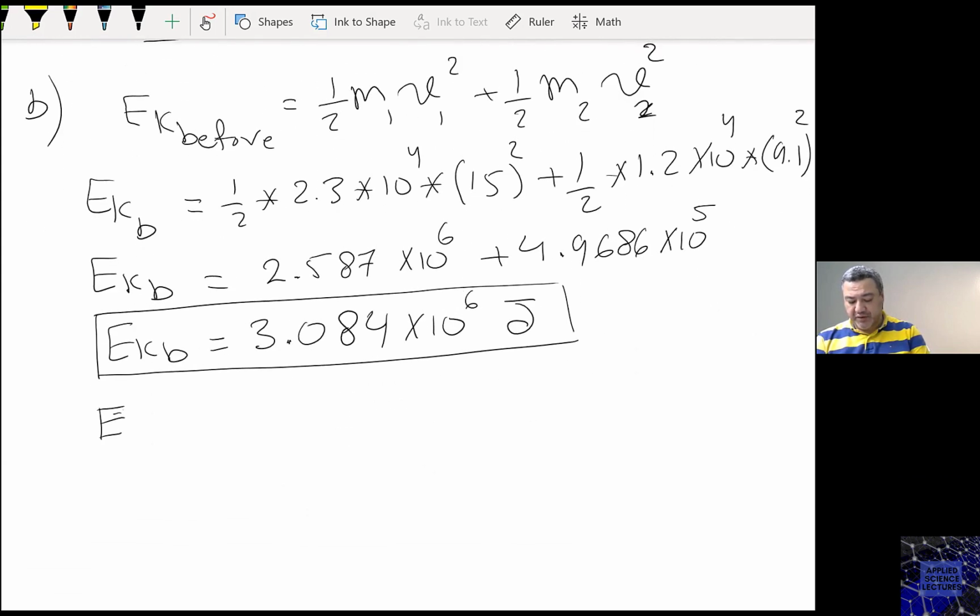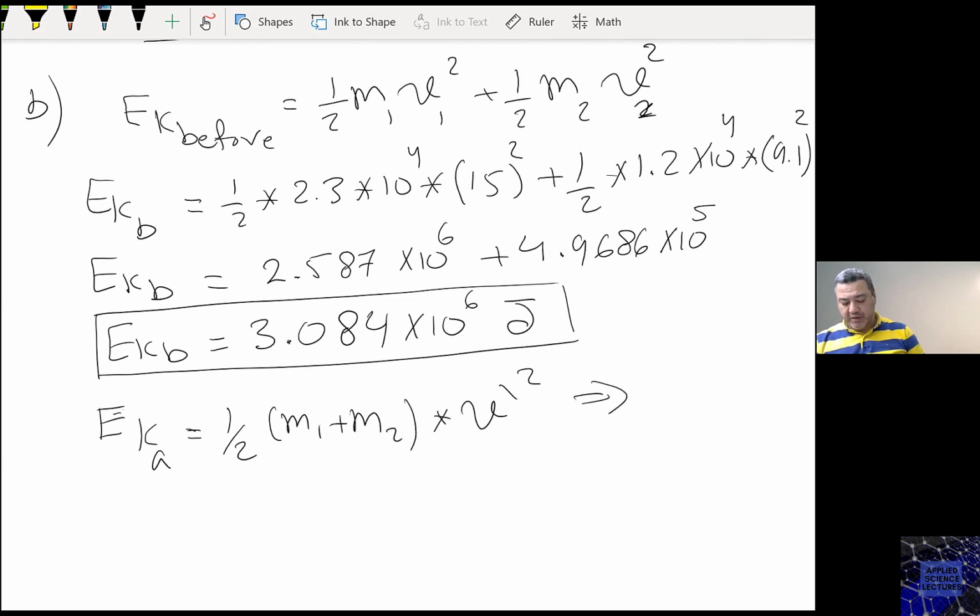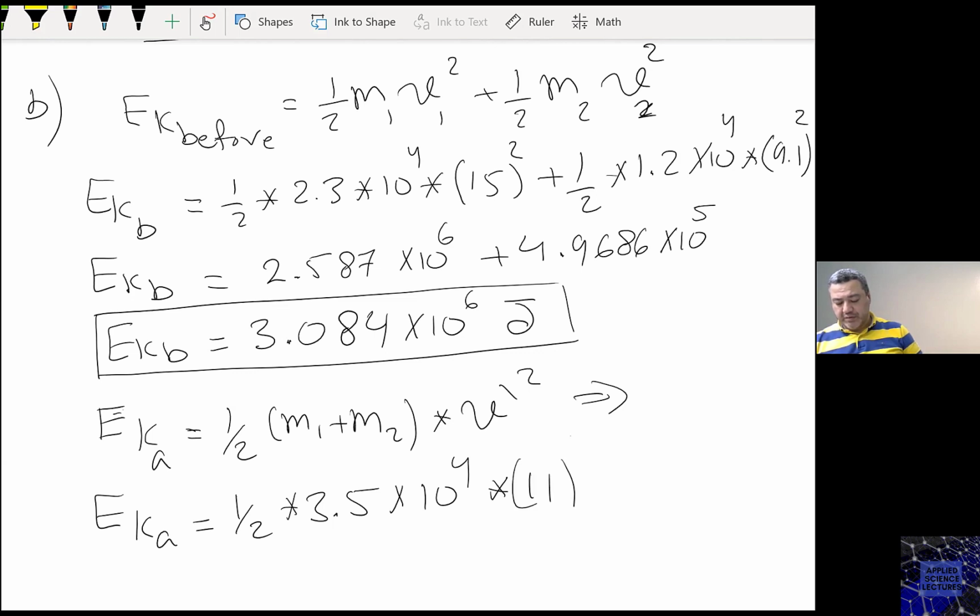Kinetic energy after the collision, EKA, is, now remember here we have a completely inelastic collision. So we're talking here about one mass that sums both of them. So half M1 plus M2 times V prime squared. So here EKA is half times 3.5 times 10 to the power 4 times 11 squared.